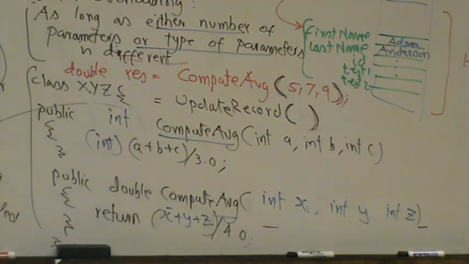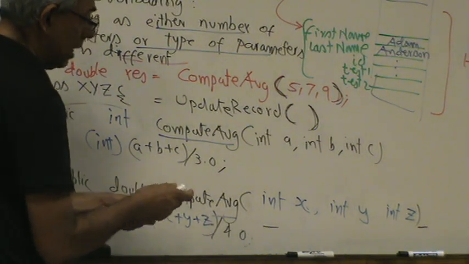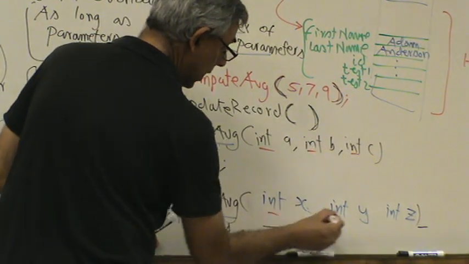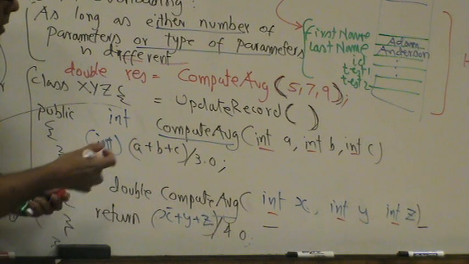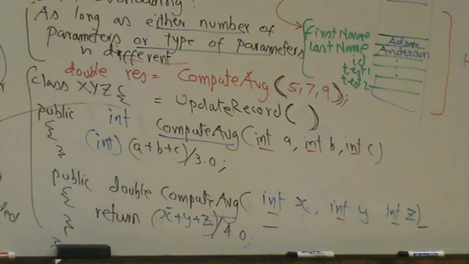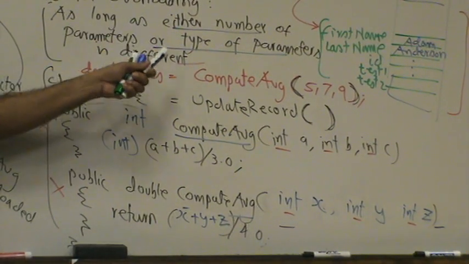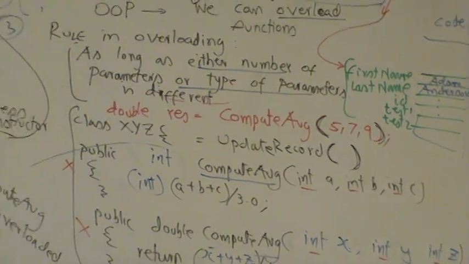No, still not, because it strictly goes by the type. And what is the type over here? Int. 3 parameters, all of them ints. So they are the same data type, same number, so this is not correct. Once again, either the number of parameters has to be different or the type has to be different, then you can overload it as many times.